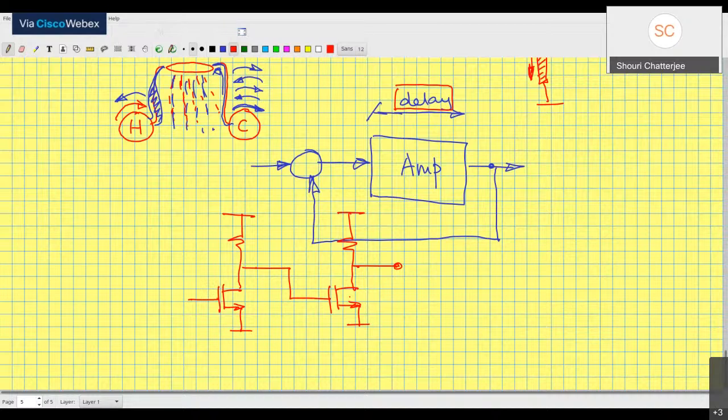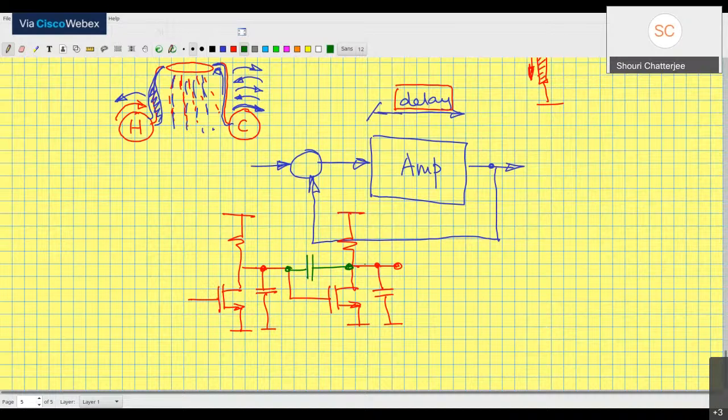Then there is no delay. But the circuit has capacitance. Capacitance means there is some RC time constant, and that means that there is delay. So there is some delay in the first stage, there is some more delay in the second stage. And now the only way to correct it is to fix the delay. How do you fix the delay? You can short circuit one of the two stages.